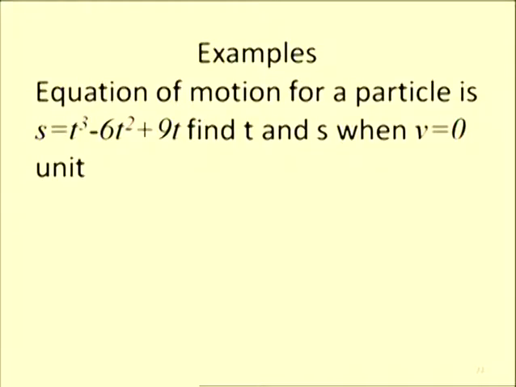Here let us have one more example of velocity and acceleration. The equation of motion for a particle is s equal to t cube minus 6t square plus 9t. Find t and s when v is equal to 0. We want to find the time and distance where velocity becomes 0. In the same way we can find the derivative.